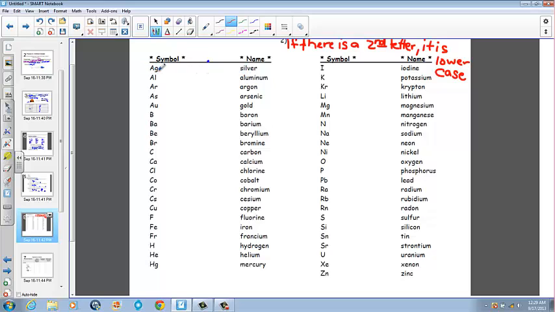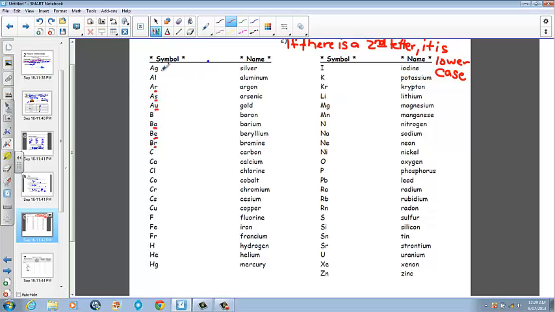First letter is capital, second letter is lowercase. Aluminum, capital A, lowercase l. Argon, capital A, lowercase r. So keep in mind, if there are two letters in the symbol, that second letter has to be a lowercase.